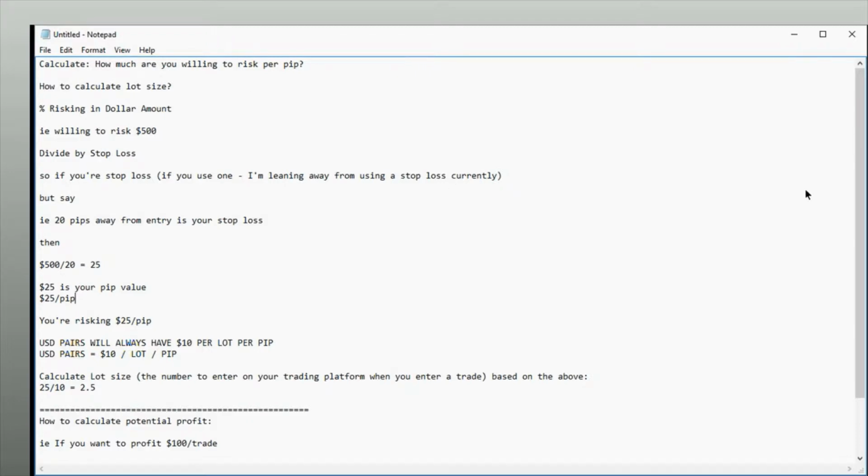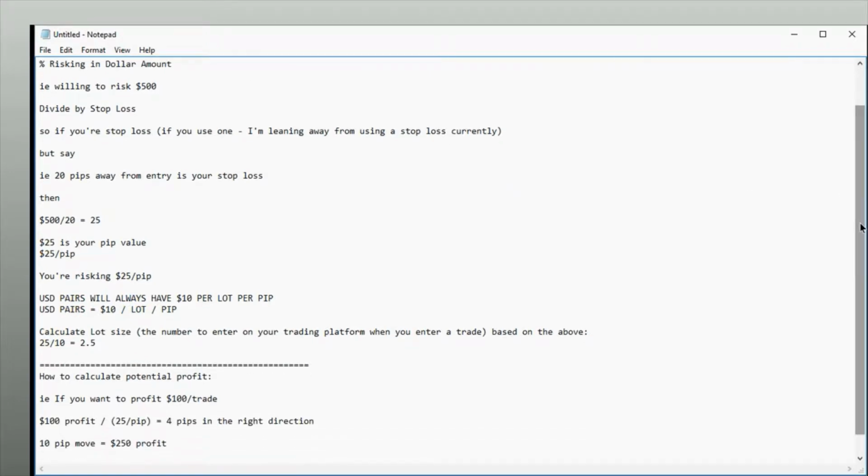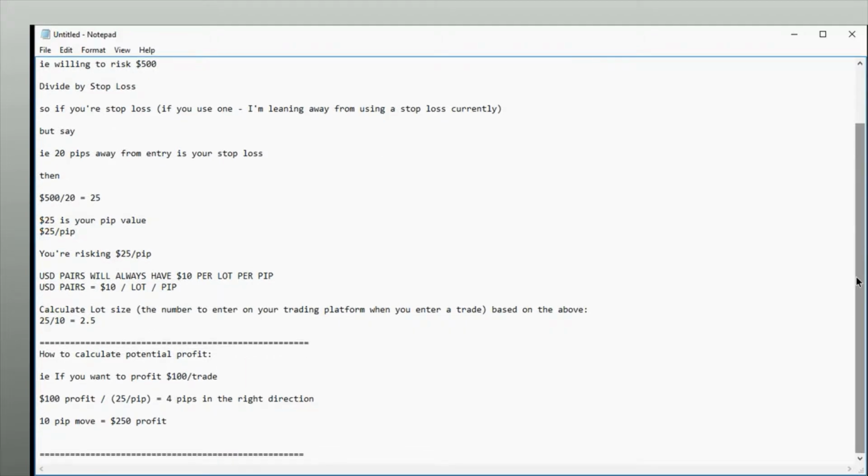Once you have your pip value, if you're trading with USD as your currency, it's always going to be $10 per lot per pip. So you divide the 25 by 10, which means your lot size is going to be 2.5. So 2.5 is the number that you put in as you enter your trade.